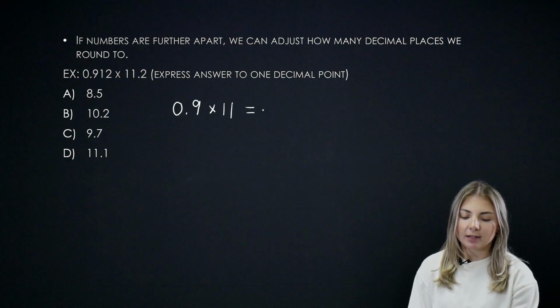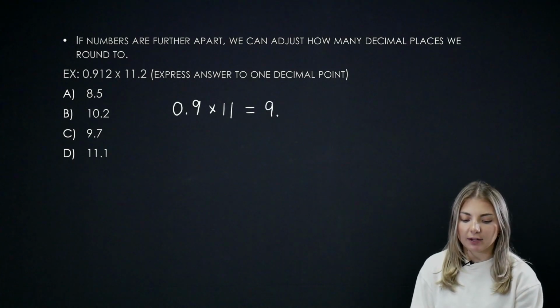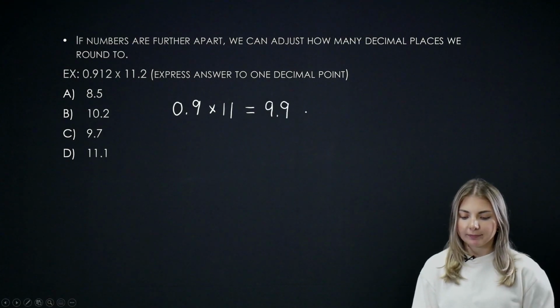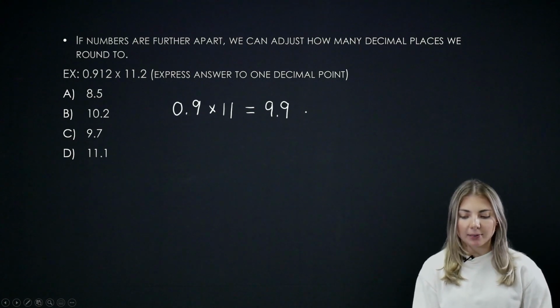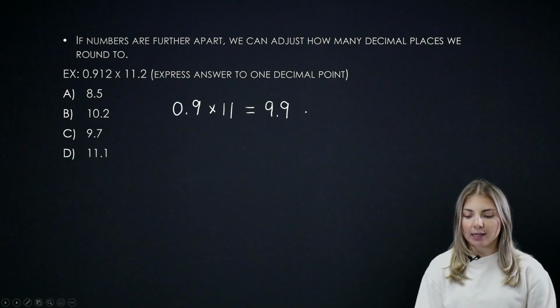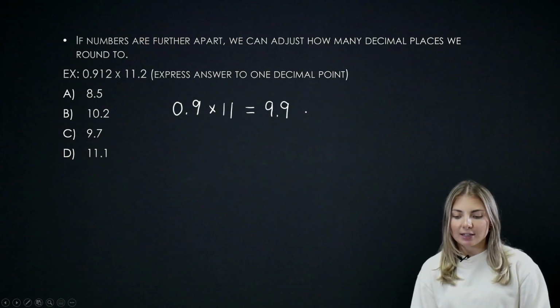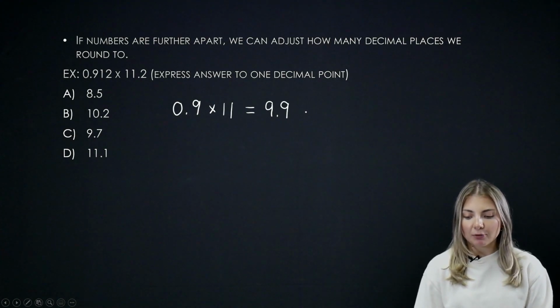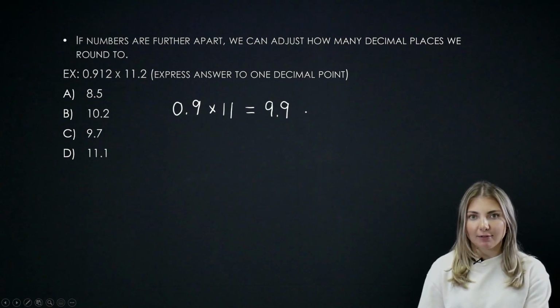And then now this becomes a very simple multiplication problem where we get an answer of 9.9. And now, looking at our answer choices, we may be between B and C as they are both very close to the 9.9. But using another trick that I already discussed, we know that we rounded both numbers down when we solved for the 0.9 times 11.